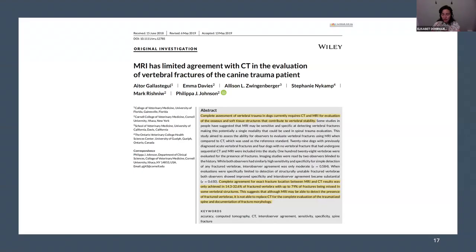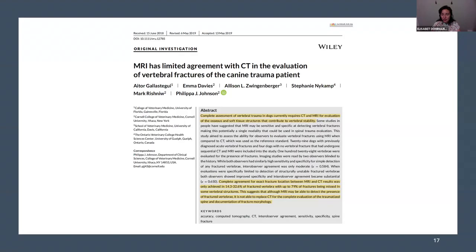Unfortunately, the results were not very good, because what they saw was that MRI, although it is useful to detect the presence of fractures, at the moment and with the knowledge that we have, is not able to replace CT for a complete evaluation of the traumatic injuries in the vertebral column.